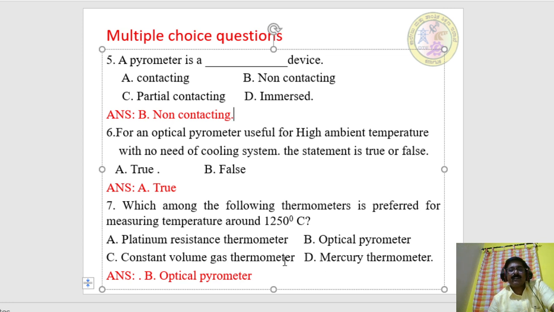These three thermometers are not used for measuring above 1000. Only the pyrometer is generally used for measuring 1000 degrees centigrade and above. So the optical pyrometer is the device used for measuring temperature above 1000 degrees, that is 1250 degrees centigrade.